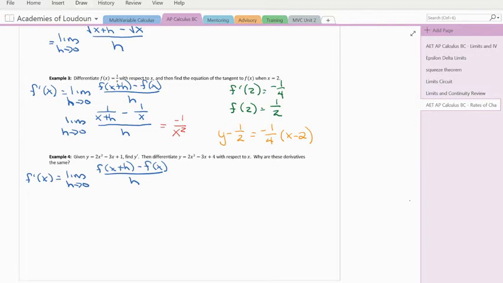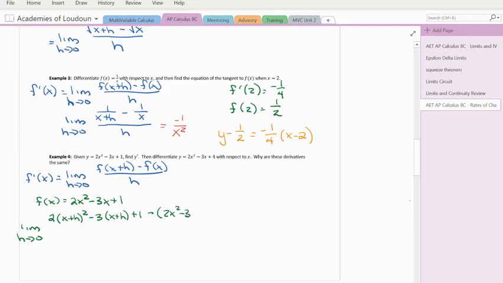So for the first equation, we have f of x is 2x squared minus 3x plus 1. So we have the limit as h approaches 0, 2 times (x plus h) quantity squared minus 3 times (x plus h) plus 1 minus (2x squared minus 3x plus 1) all over h.